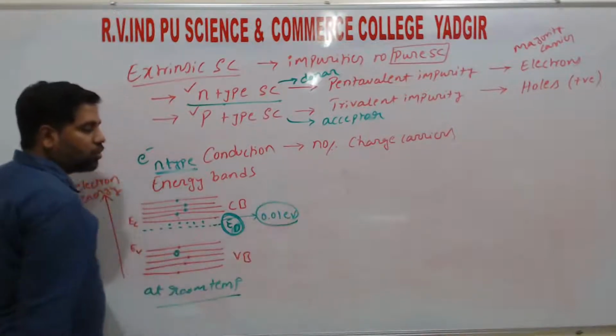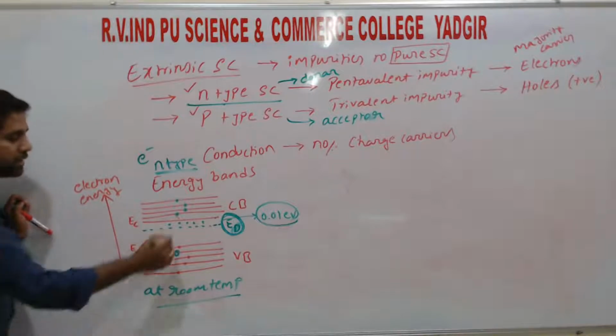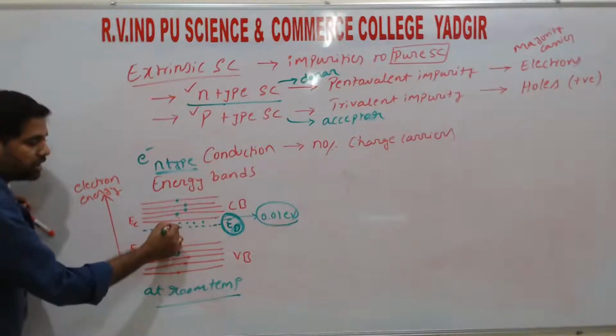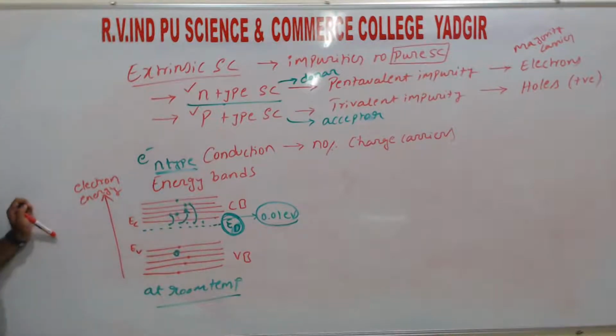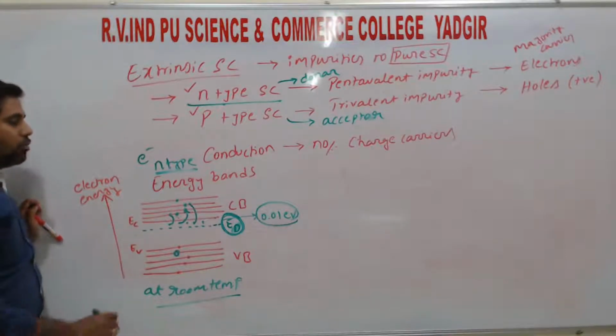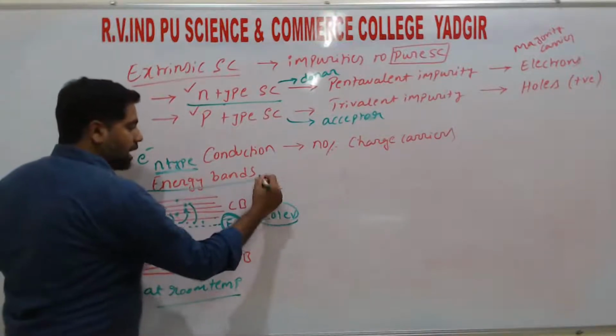That is nearly 0.01 electron volt. These electrons which are present in this energy level are accumulated into the conduction band, which is responsible for the conduction of the electrons, right? So the energy band gets altered.